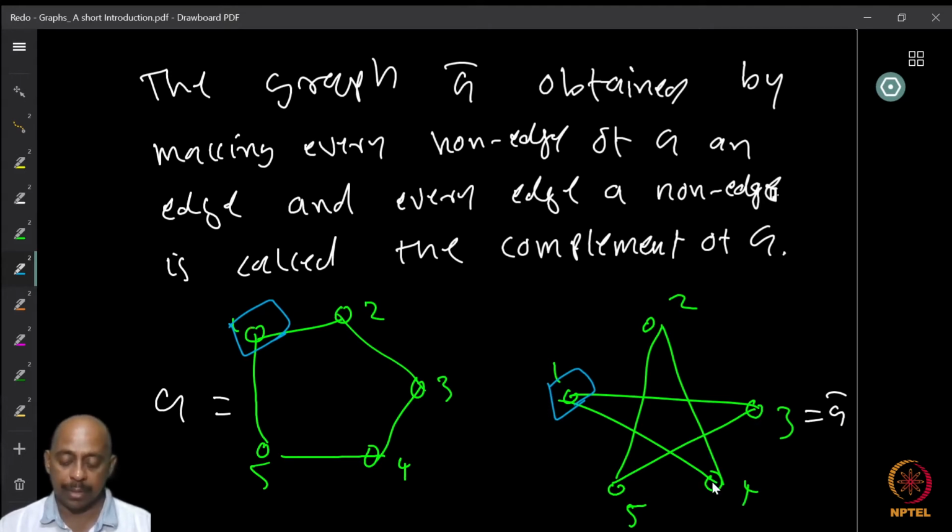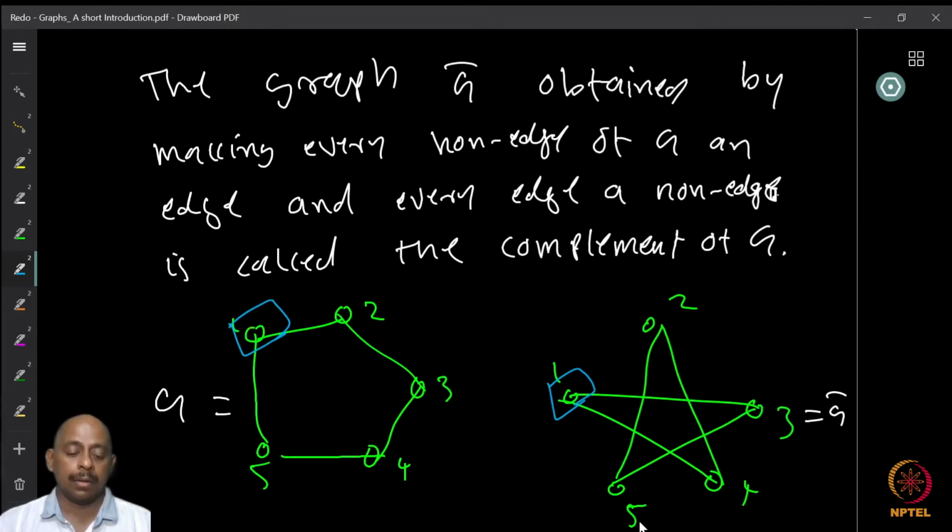Once I map that, I can see that 2 is adjacent to 3. So if 2 is going to 3, then whatever that is should be mapped to 3 is adjacent to 5 here. So whatever is adjacent to it here, 4 must be mapped to this. And similarly, you can find out the rest. So this will give you an isomorphism, and one can verify that it is indeed an isomorphism.